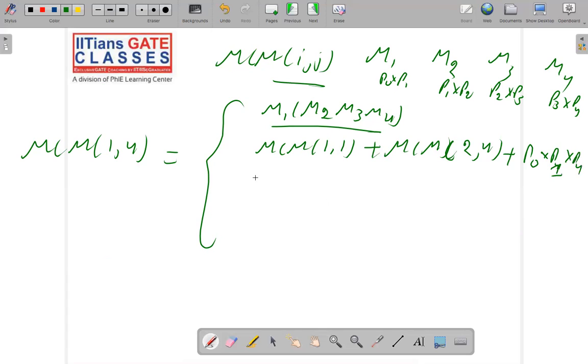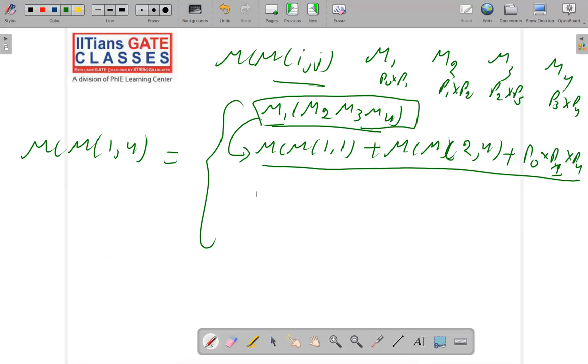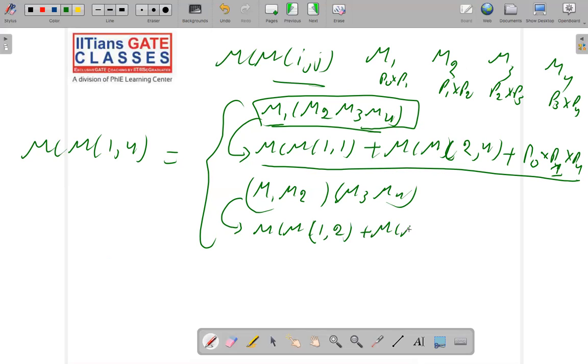Okay, and this choice in terms of function can be written like this, right? Now another choice is M1, M2, M3, M4. This choice can be written like this: MCM 1, 2 plus MCM 3, 4.